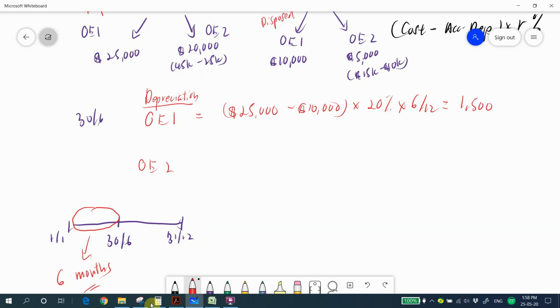For office equipment 2, the cost is 20,000. Accumulated depreciation is 5,000. Rate is 20%. Because there is no indication to say that office equipment 2 is being sold during the year, we assume it's fully used this year.